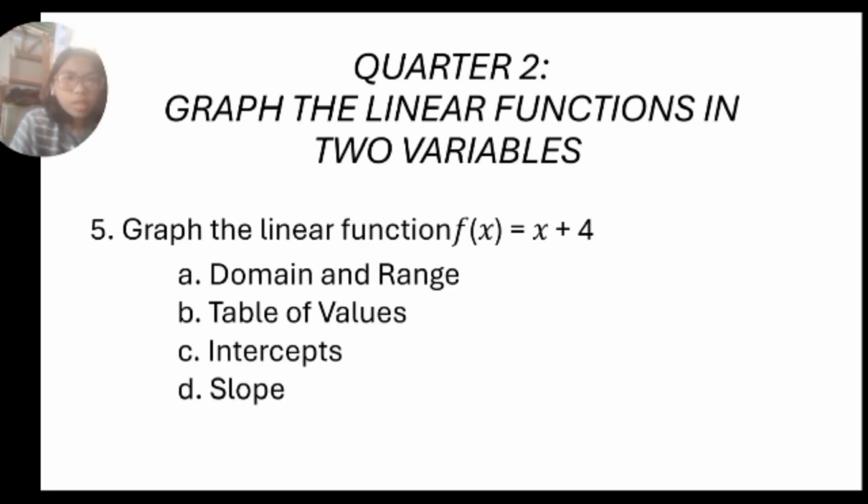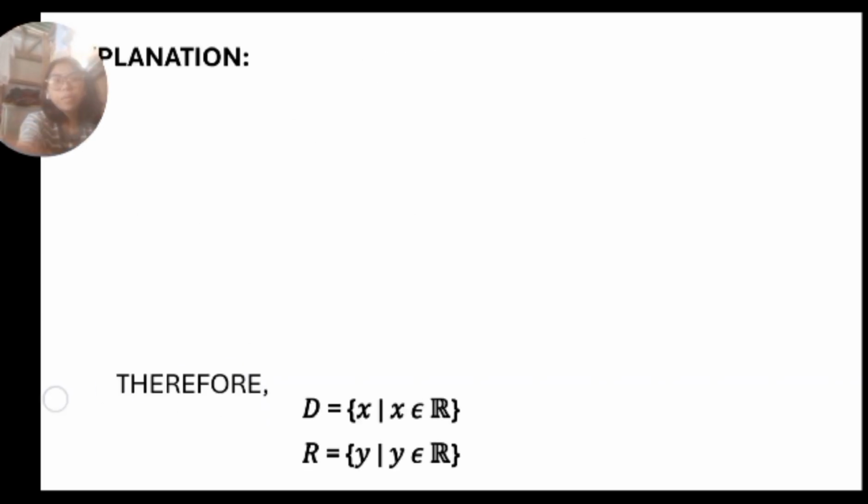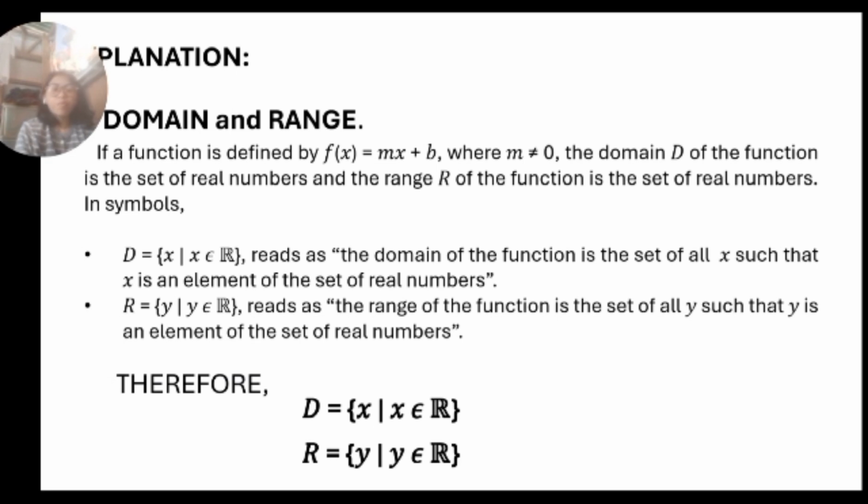So let's look back at the linear function. Since the function here is in the form of f of x equals mx plus b, therefore the domain and range of the function are both the set of real numbers.